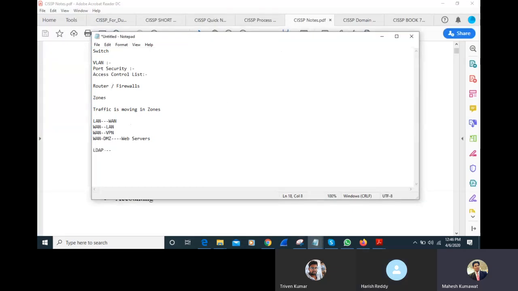LDAP, a lightweight directory access protocol, and Kerberos.